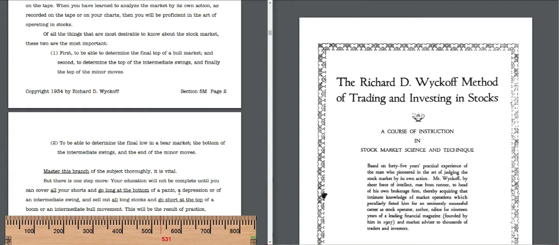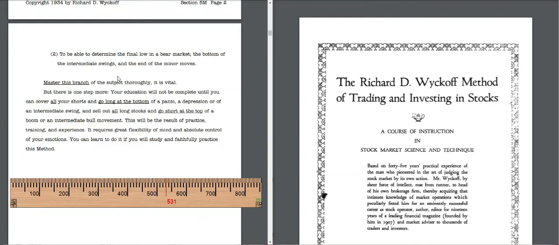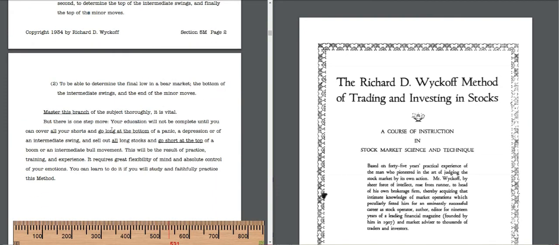And then master this branch and subject thoroughly. It is vital, but there's one more step. You've got to be able to go long at the bottom and short at the top, and you'll be able to do this. Alright, so he says long the bottom, short the top.